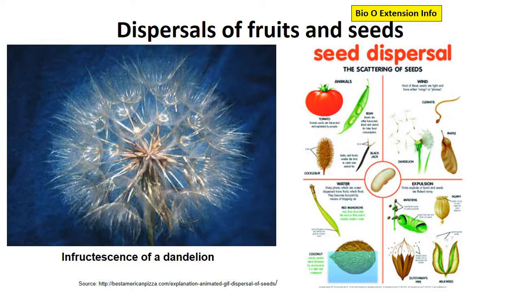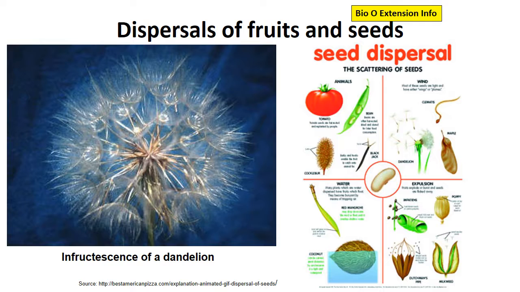Originally this bundle is a flower, and after fertilization, the various parts have been formed, and eventually you get this infructescence of the dandelion. Once the wind blows, the various seeds will get dispersed according to the direction of the wind.